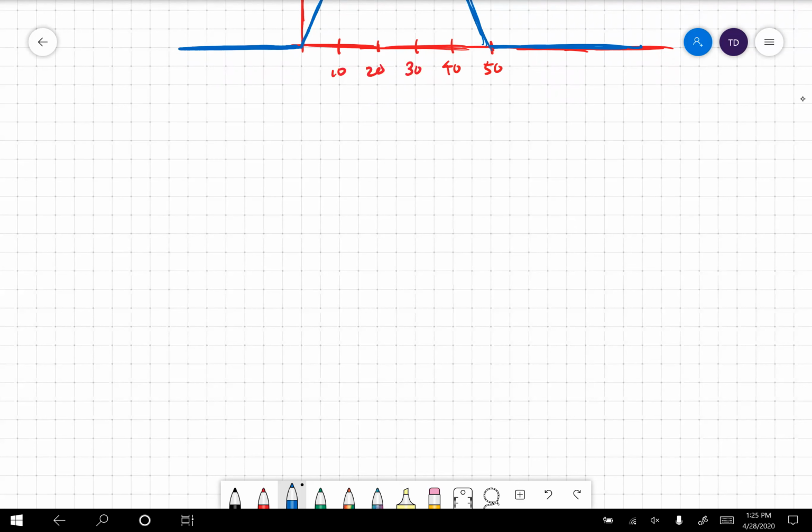All right, let's look at problem number 9. Problem number 9 says the switch in the circuit shown has been in position X for a long time. So let's draw the circuit.